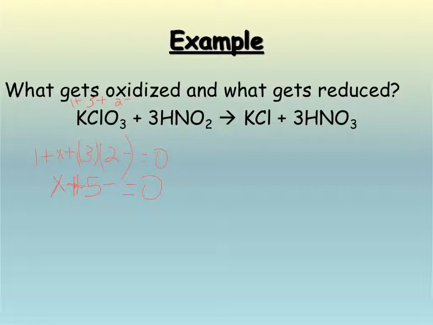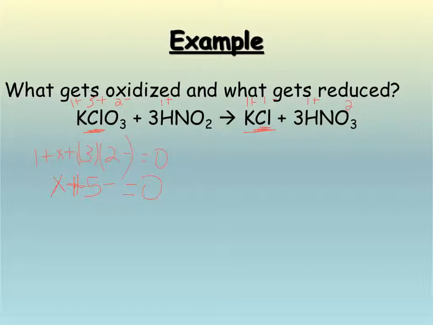This one over here is a little bit more simple, KCl. Chlorine is 1- and potassium is 1+. So we already see that chlorine is definitely changing oxidation numbers, so it's going to be one of the species involved here. We have H's attached to nonmetals, so that's going to be 1+.